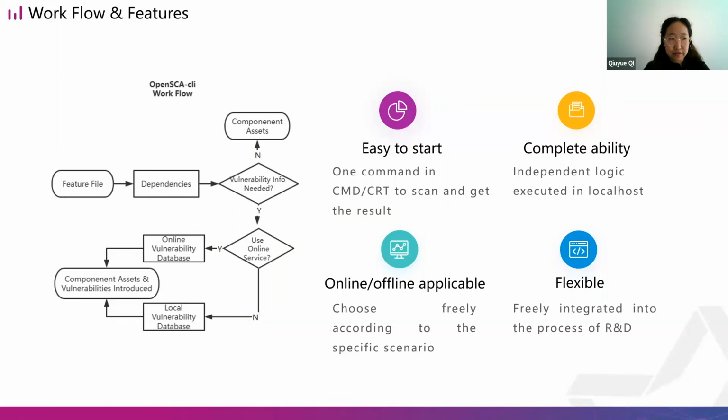So there are 3 options offered. The first one, to use our online service, including vulnerability and license information. The second one, to download the offline one that we provided.